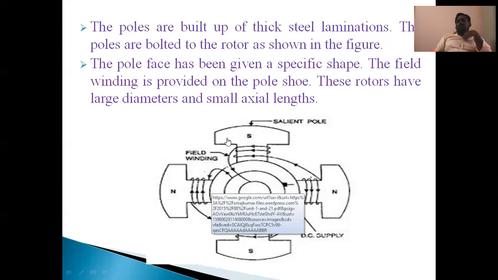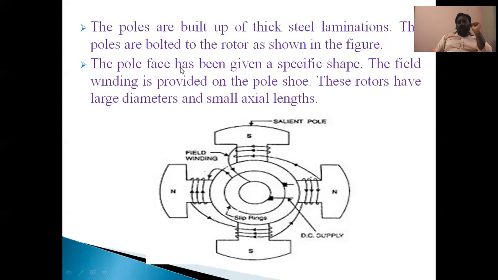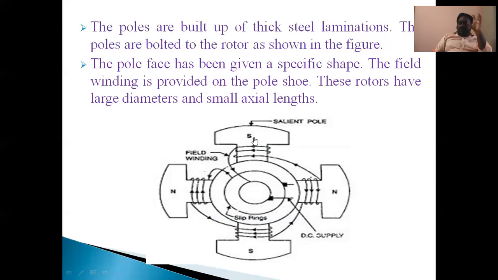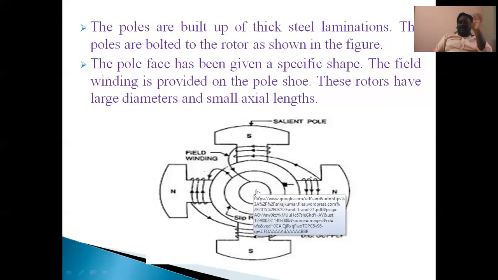One more important feature we can observe is that the pole face has been given a specific shape. Due to this specific shape, the diameter is large and the axial length is small.